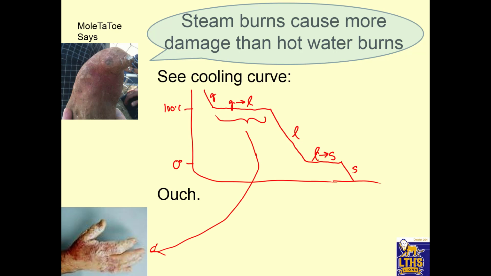So heat, remember, is the energy that causes changes. And so this heat is being lost as the phase changes. Plus, it's at a high temperature, 100 degrees. So, yeah, there's extra heat in during a phase change that's not changing temperature, but it is being let into your skin. Ouch. Thanks, Moltato.